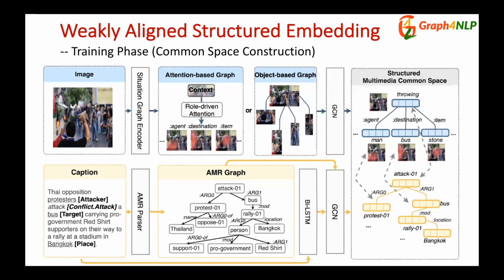Let me give another example. Here on the image side, we can see there's a throwing event, and a person who is throwing a stone, and the stone is the thing being thrown toward some target. In addition to the basic pixel-level or bounding-box object-level alignment, we can also convert this image into a graph structure, such as a scene graph or a situation recognition graph, in which you have a root node showing the event type, and then the objects and the roles they play in this event.